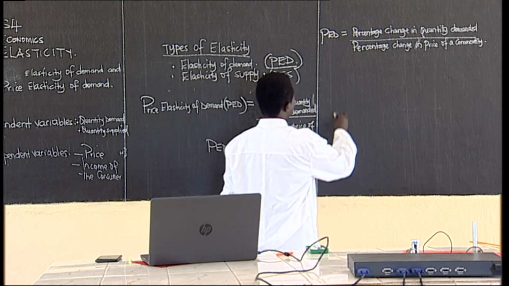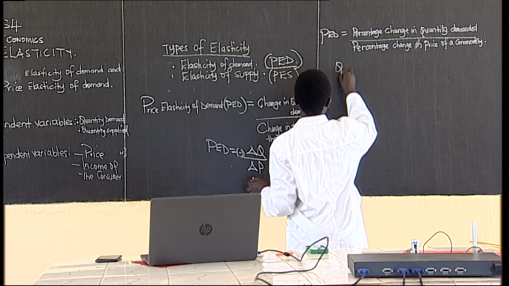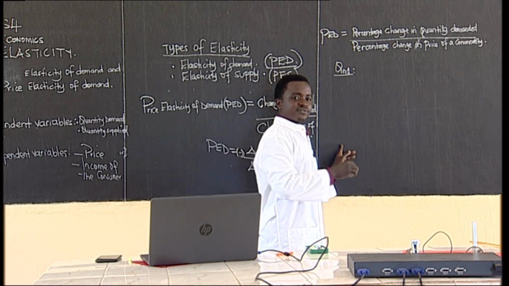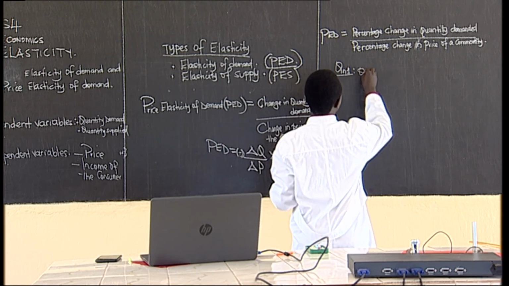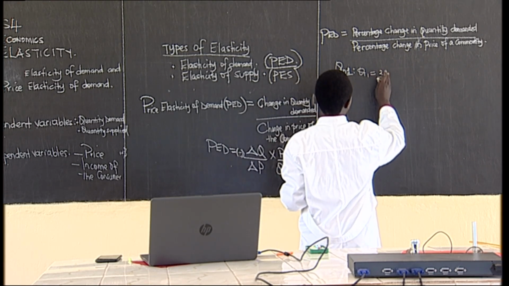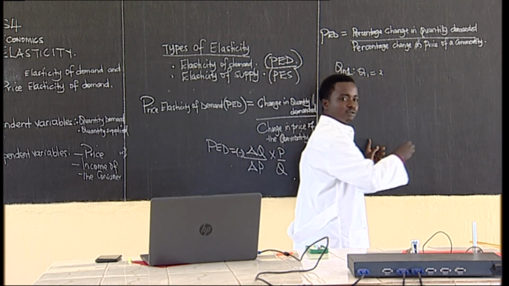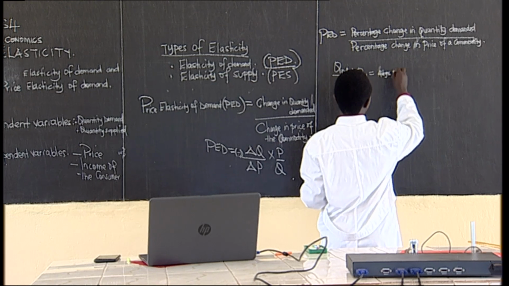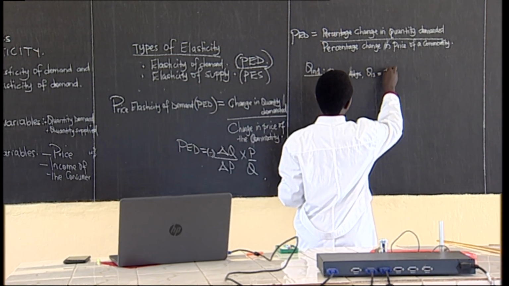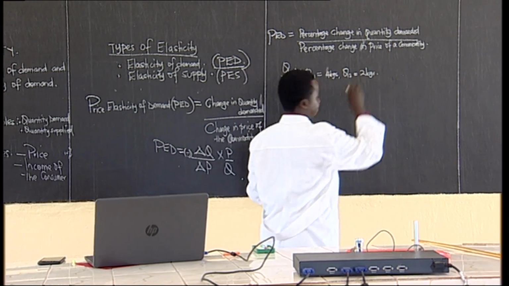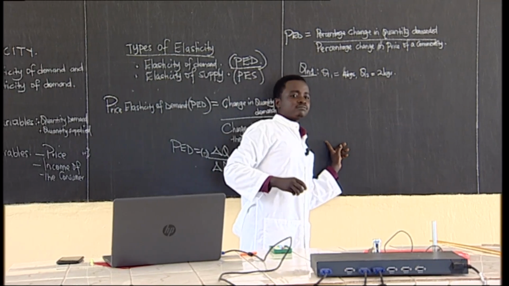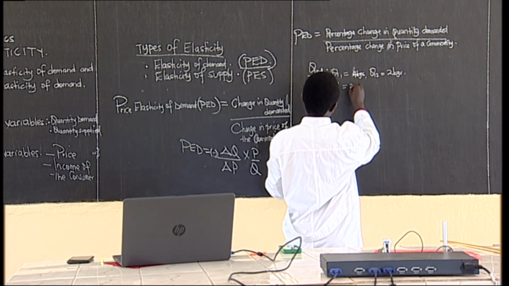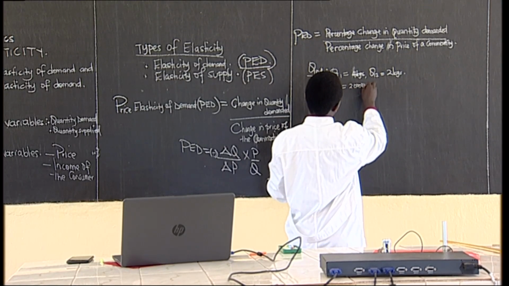So if we interpret our question 1, we see how we can calculate it. We have quantity 1, which is 4 kilograms. Then we have quantity 2, which is 2 kilograms. Then we have price 1, which is 2,000 Rwandan francs.